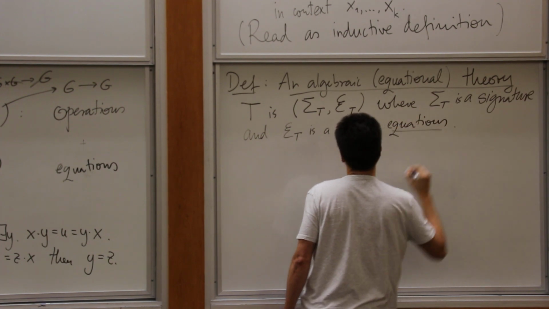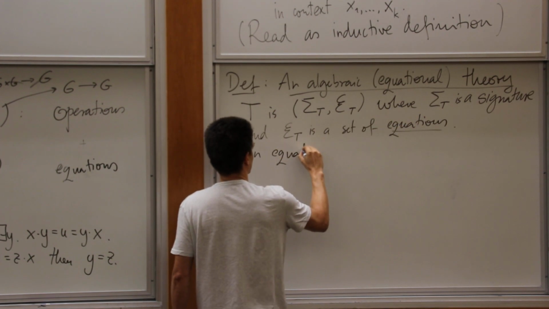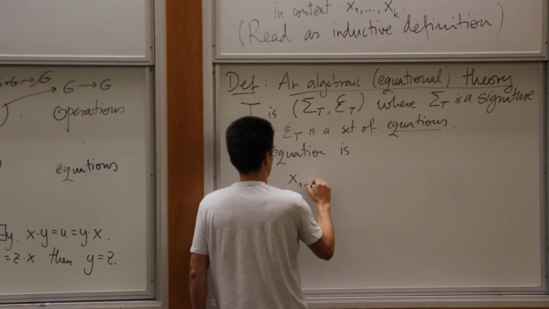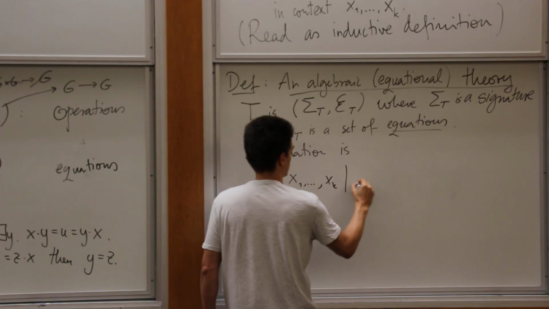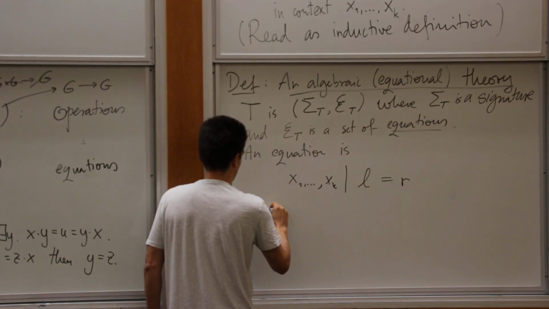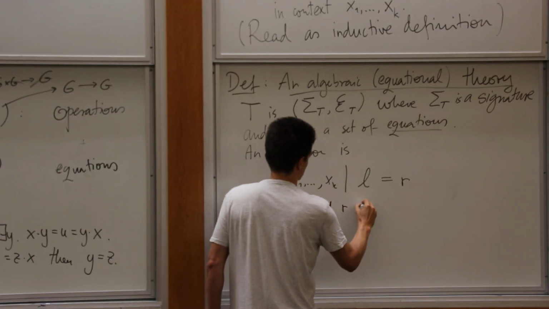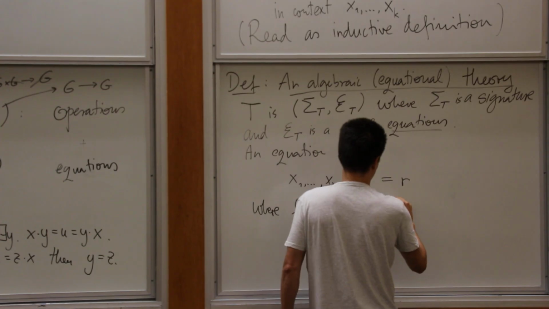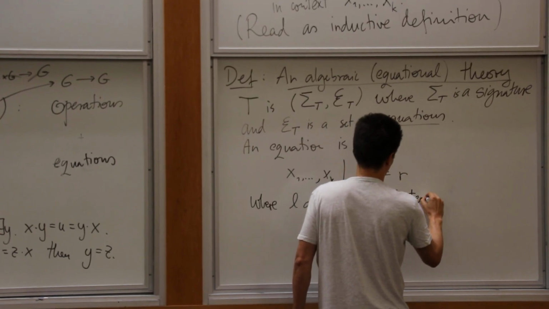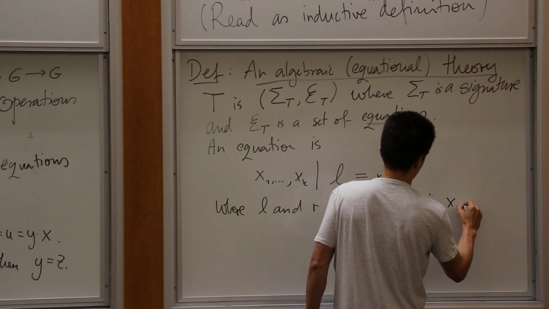And what's an equation? An equation is given like this. You give a context, and then you give two terms, where L and R are Sigma_T terms in the given context.